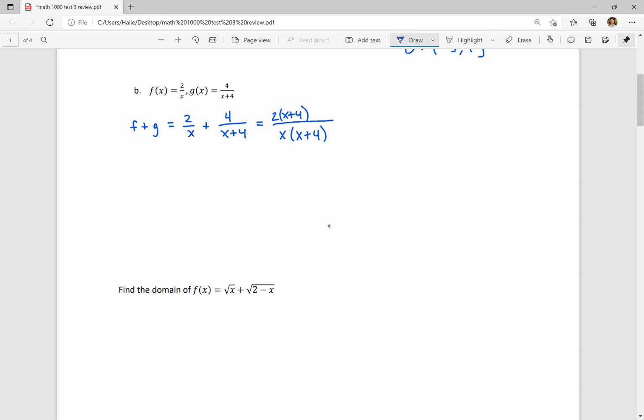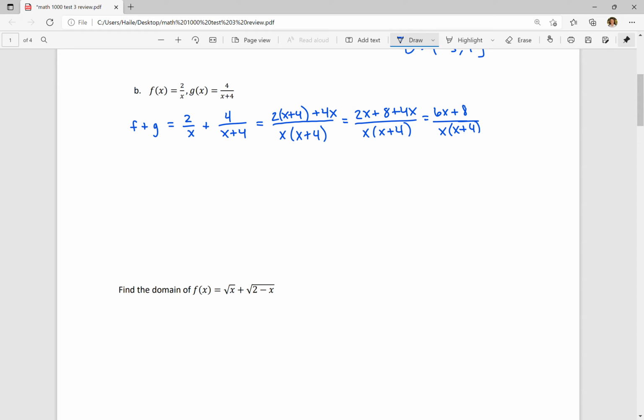And for the second fraction, we multiplied x plus 4 by x on the bottom, so we want to multiply by x on the top. And so if we simplify this a little bit, we should get 2x plus 8 plus 4x over x times x plus 4, which gives us 6x plus 8 over x times x plus 4.